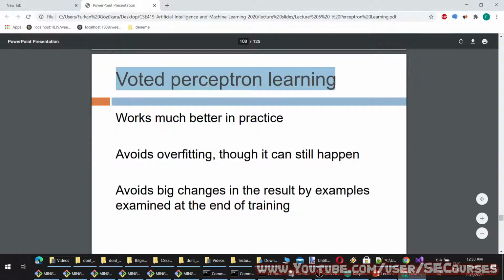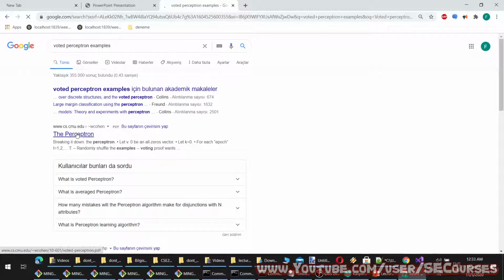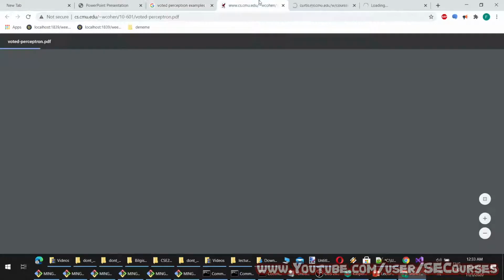So voted perceptron learning. I will find a better example right now. Let's find a better example than our slide.